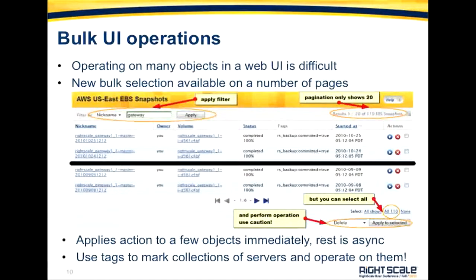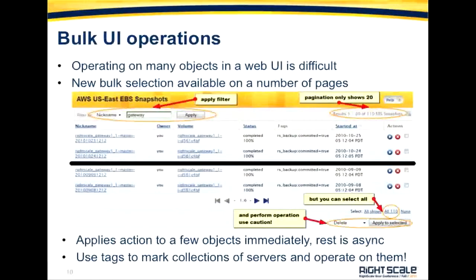In addition, we have extended that so that at the bottom, you can select with checks either all of the resources that you're seeing on a page or all of the resources in all the pages, including the ones that you're not seeing. Once you have selected all of them, you can apply an operation on all of these resources. You have to be very careful, because if that operation, like in this case, is to delete, you are operating on as many resources as you have selected.